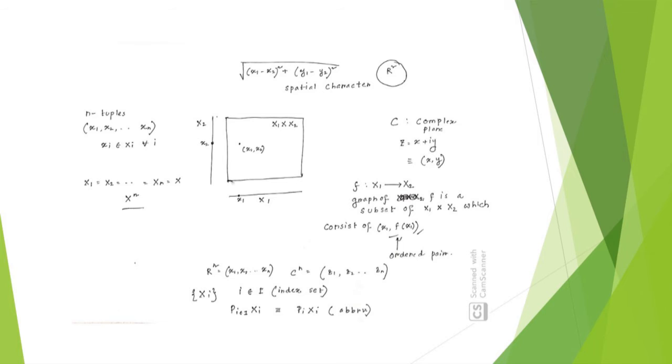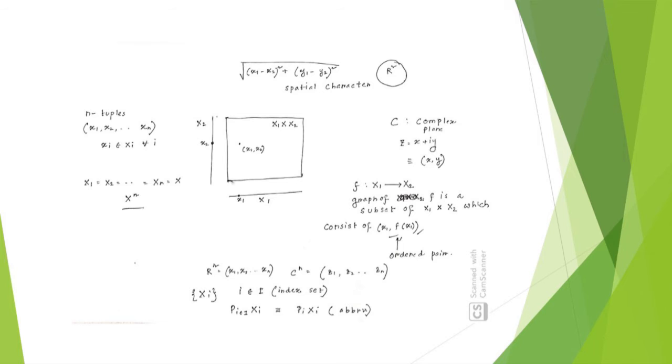Now the way is open for the definition of products in their full generality. So we can take Xi to be a non-empty class of non-empty sets indexed by the element small i of an index set capital I. The sets Xi need not be different from one another.